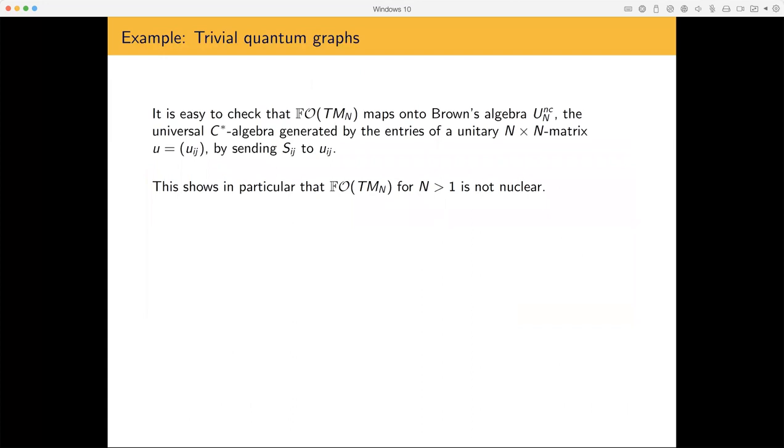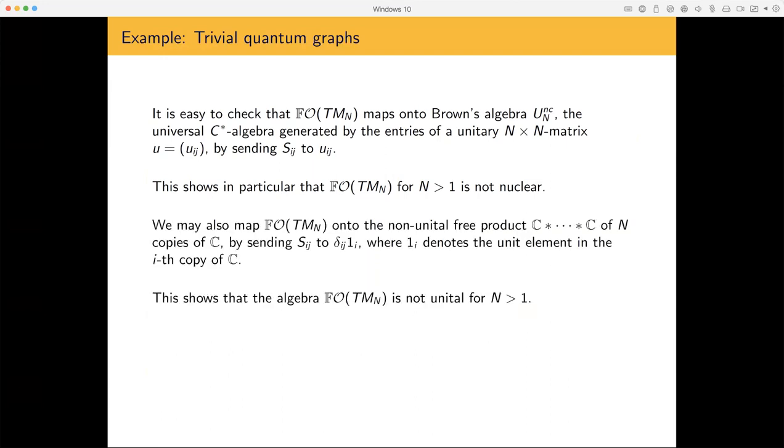First of all, this S is not necessarily a unitary, but you can map it to the universal algebra generated by a matrix unitary, which is also known as Brown's algebra. And since Brown's algebra is well known to be non-nuclear, this in particular means that this quantum Cuntz-Krieger algebra is non-nuclear.